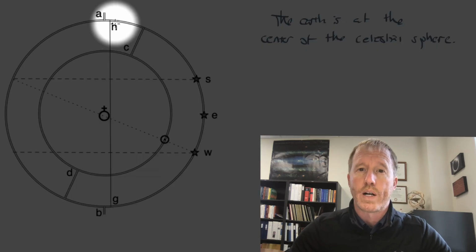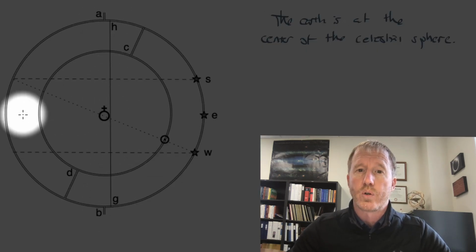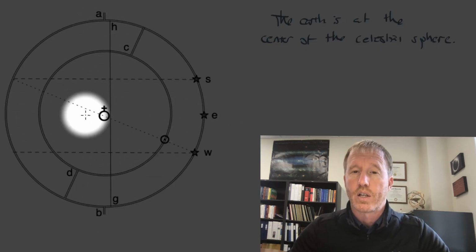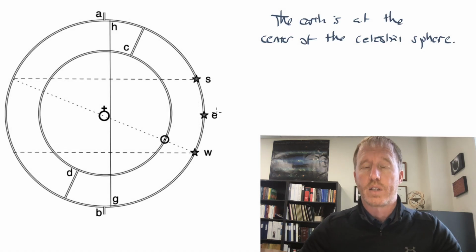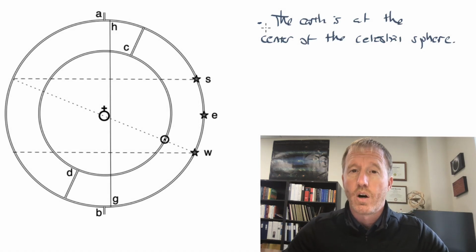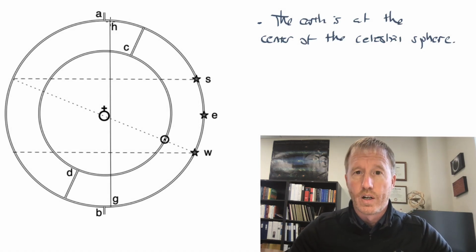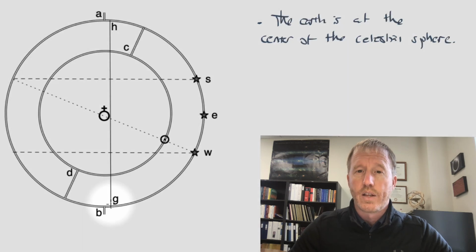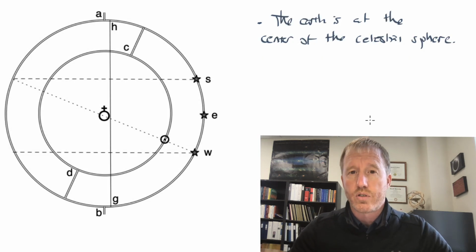Notice the Earth is right on the axis, and it's also right at the center of the celestial sphere. You might say on the equator of the celestial sphere. Also notice I have another line drawn here, line HG. That line is tangent to the surface of the Earth. That line represents the horizon of the Earth if you were standing on the equator of the Earth.